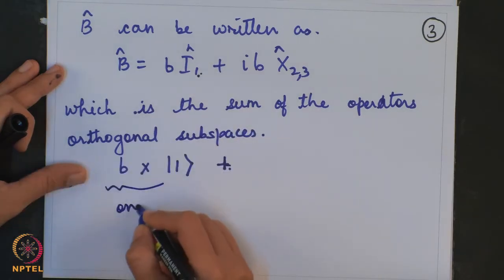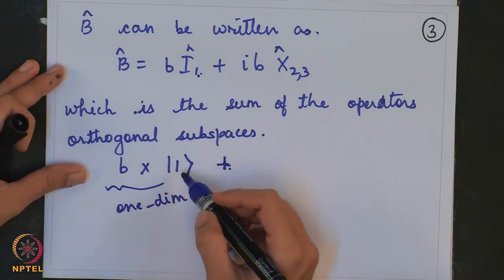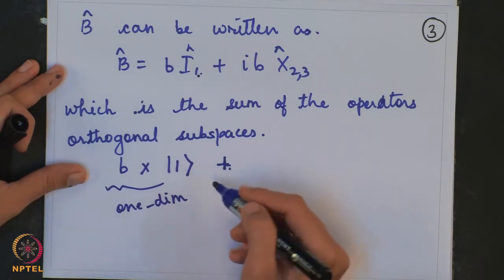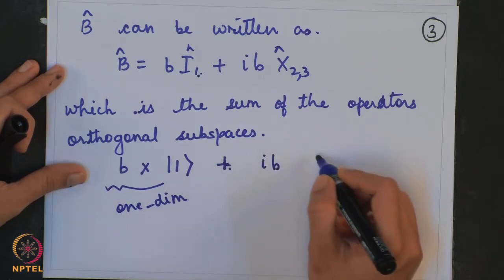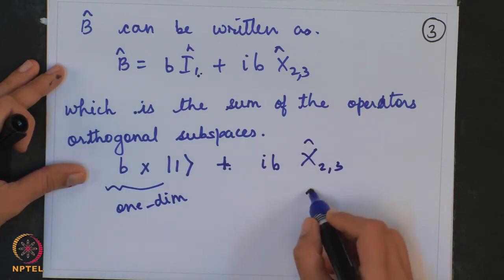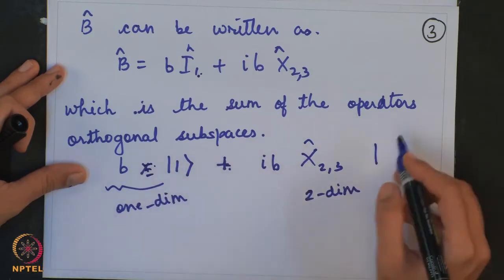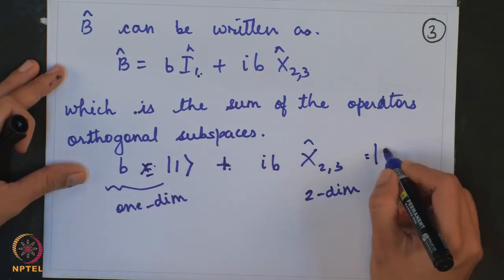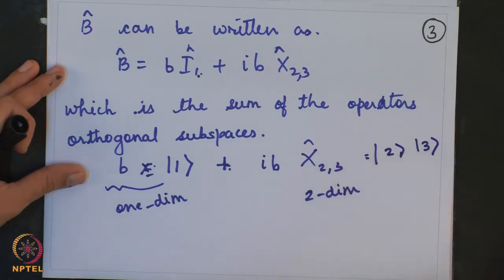This will give me a one-dimensional subspace which is spanned by the eigenket 1, and a two-dimensional subspace spanned by kets 2 and 3.